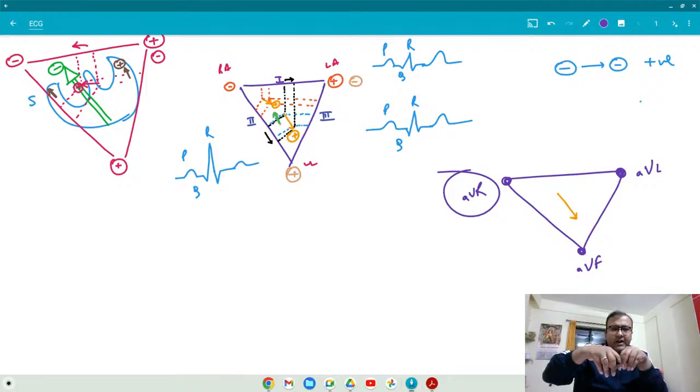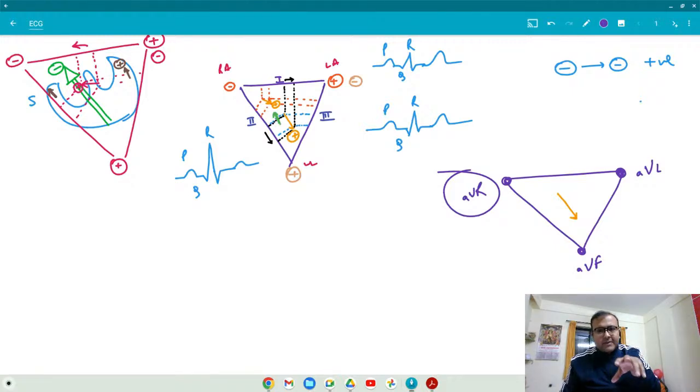There was Wilson's central terminal that was giving the zero charge. And then there was one positive charge moving in three positions, the wandering electrode. So the center was zero. Center to right arm. Center to left arm. Center to left leg. Remember?